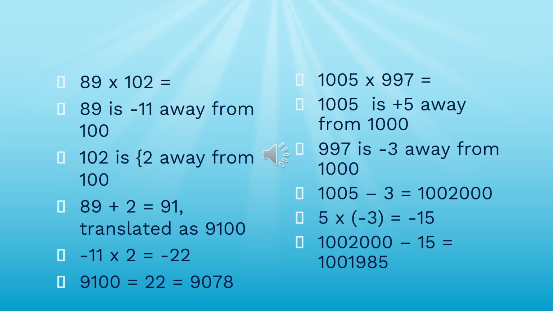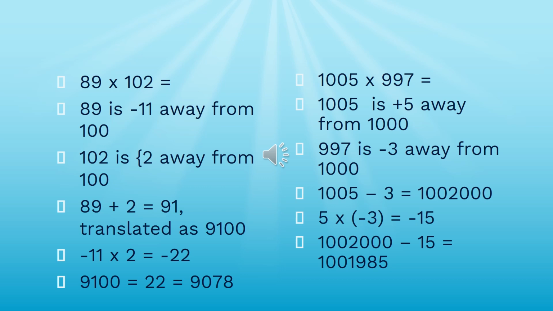But that should be translated to 9,100 by attaching two zeros, since our base is 100 and 100 has two zeros. Next step is to multiply the distances. So we have negative 11 times 2, and that is equal to negative 22. Adding negative 22 to 9,100, that's 9,100 minus 22, which is equal to 9,078.